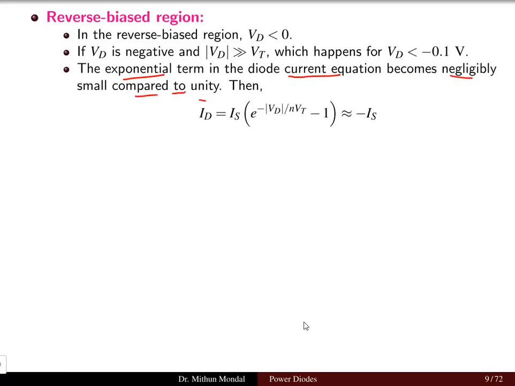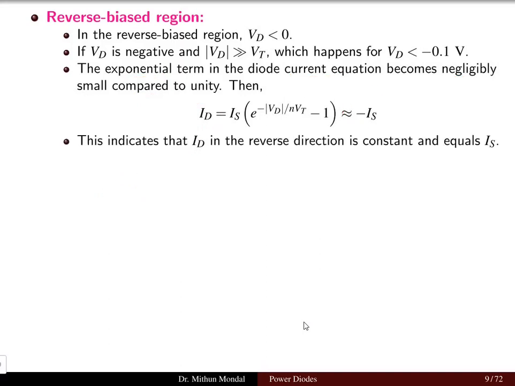So we can say that ID, the diode current under the reverse biased or negative zone, is equal to minus Is, which is the reverse saturation current. This indicates that ID in the reverse direction is practically constant and equal to Is in magnitude.